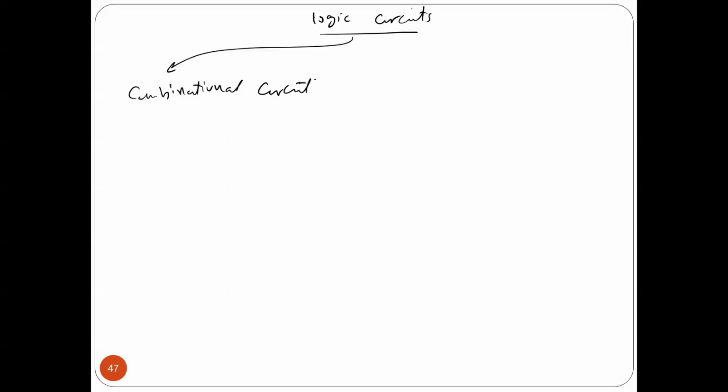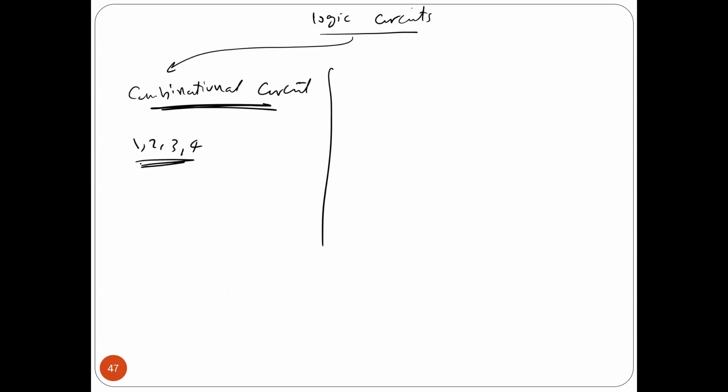Okay, guys, so let's start. Good afternoon, everybody. As I told you before, the purpose of this course is to learn about logic circuits. Logic circuits can be combinational circuits, which is what we have done in chapters 1, 2, and 3.